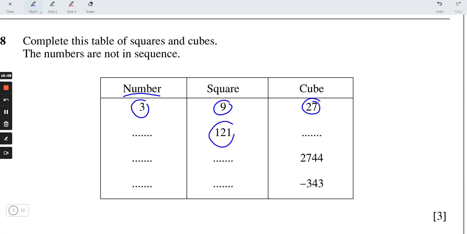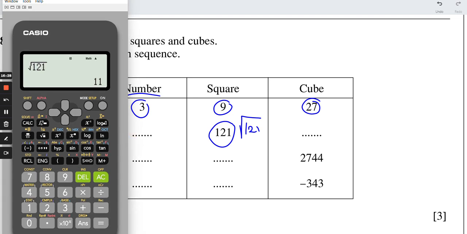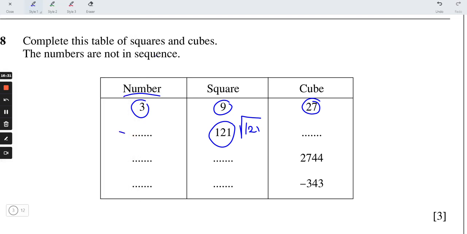Now the square is 121, so to find the number you should take the square root of 121, and we know that the square root has 2 values, one positive and one negative. So the square root of 121 will give us plus or minus 11. And for the cube, the same number here, you should multiply it by itself.